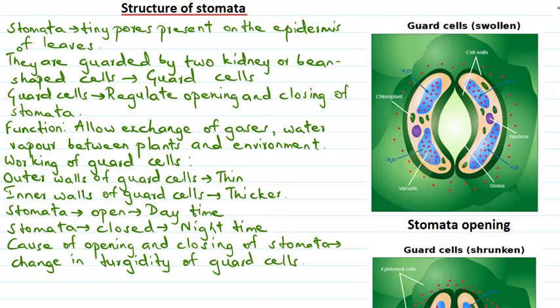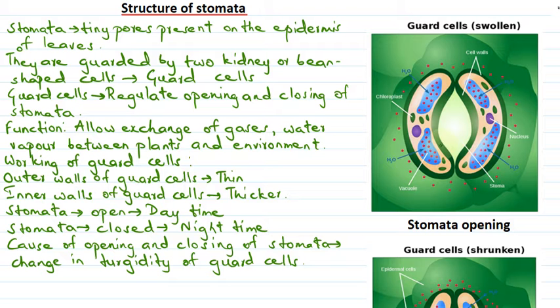So here we can see that in this diagram there is water here which is diffusing inside. Okay, so when the water diffuses inside the guard cells, what happens is the guard cells become swollen. And as the guard cells swell, why do they swell?